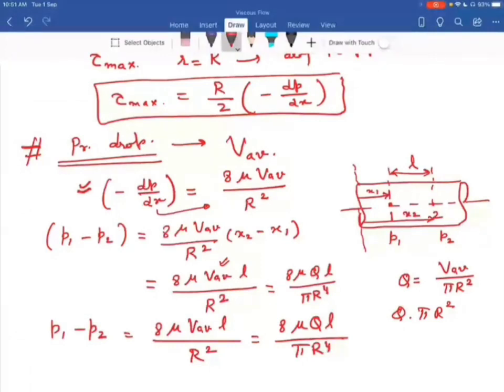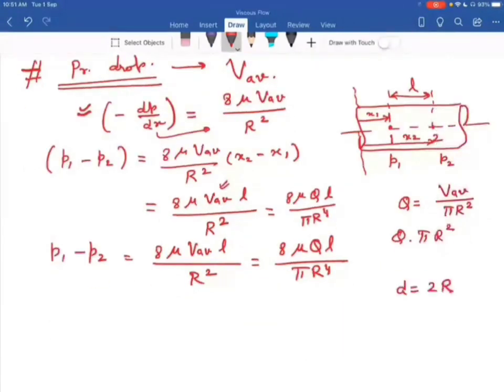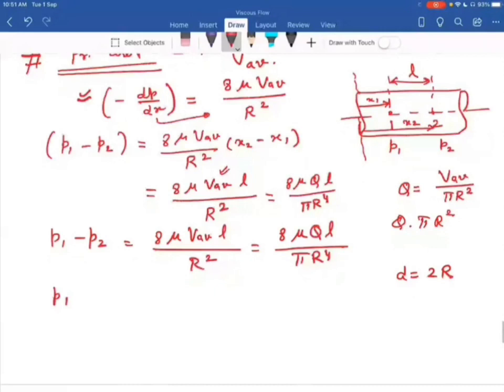You can also write in terms of diameter. The diameter of the pipe is 2 times R. So again, P1 minus P2 is equal to 32 mu V average L divided by D square.